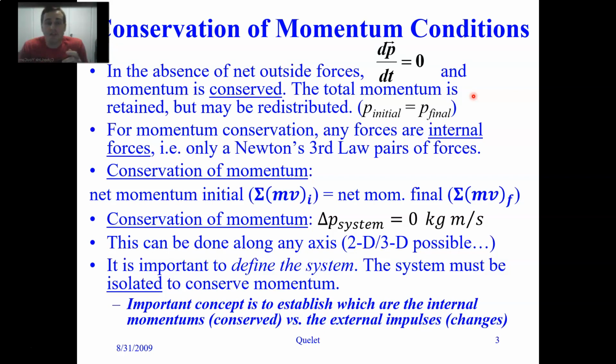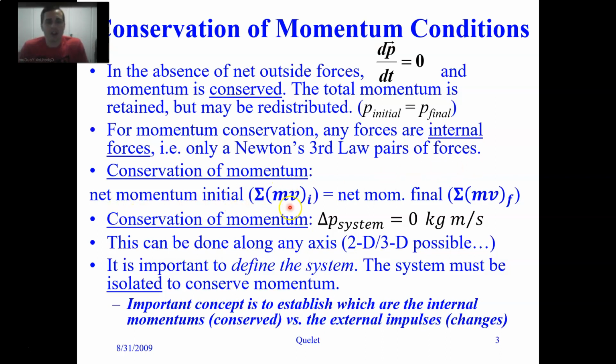But again, you have to define what your system is. For momentum conservation, any forces are internal forces. In other words, they're always Newton's third law pairs of forces. If all the forces in an interaction are equal in size and opposite in direction, they'll essentially all cancel in the interaction as long as we define the system carefully.